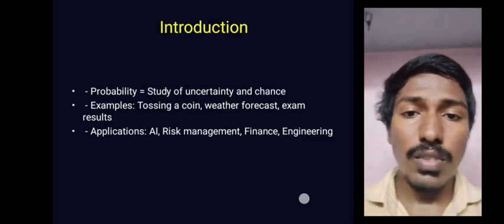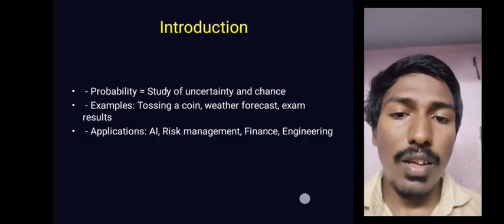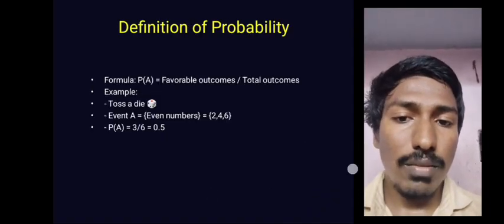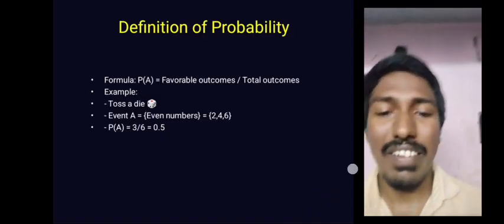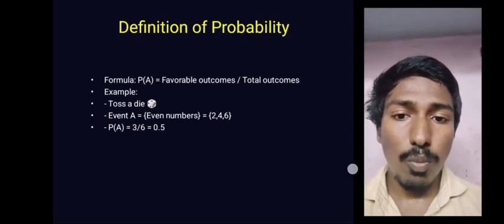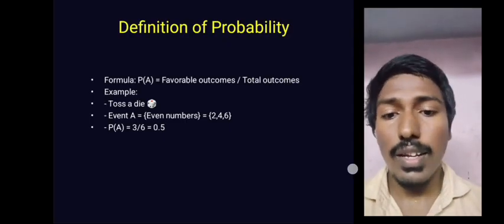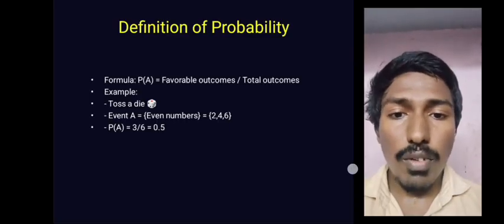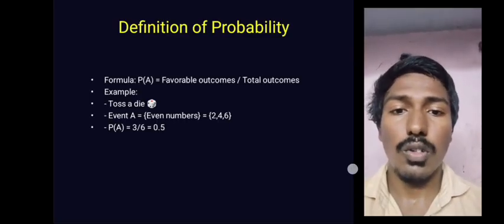Let's go to the definition of probability. We already said it, but again I will explain it clearly. P of A means probability of A, where A is a certain event. It is favorable outcomes divided by total outcomes.